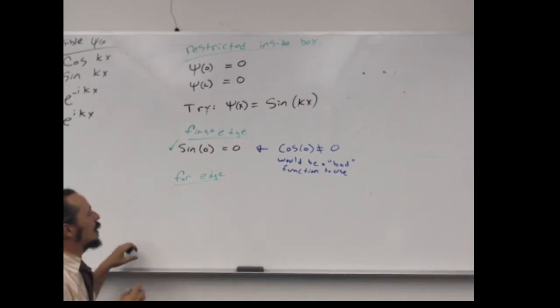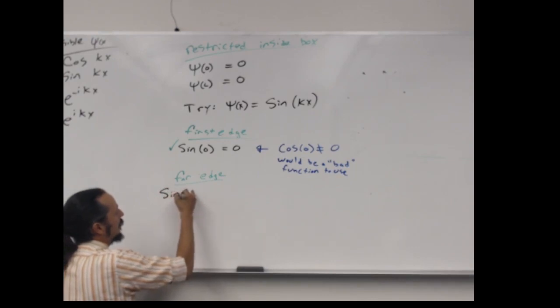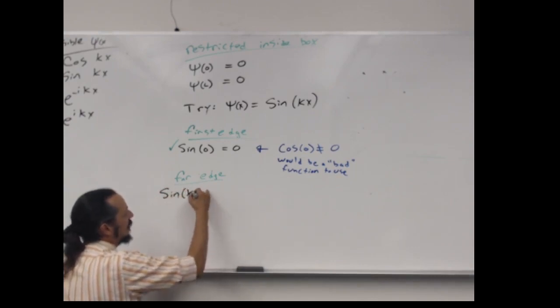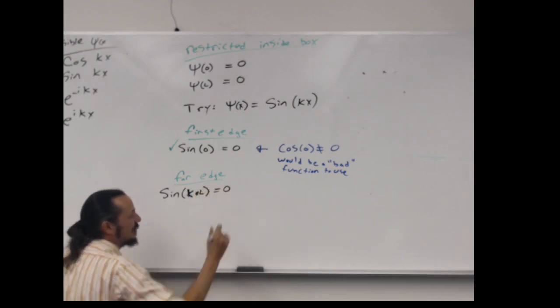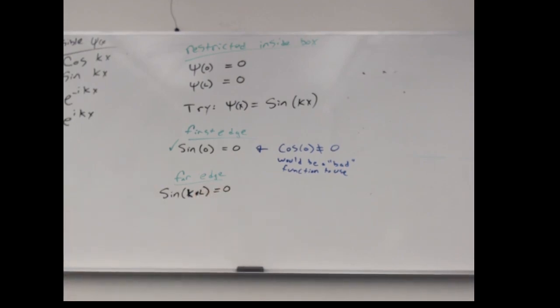At the far edge, we have sine of k times L is equal to 0. How is that possible? Let me ask you something. When is sine equal to 0?